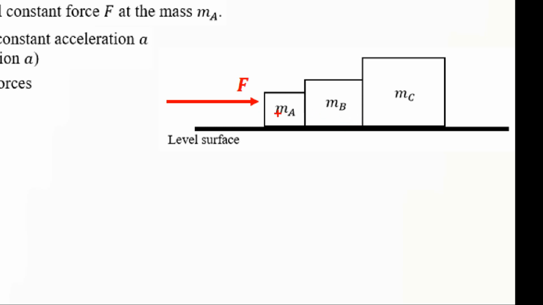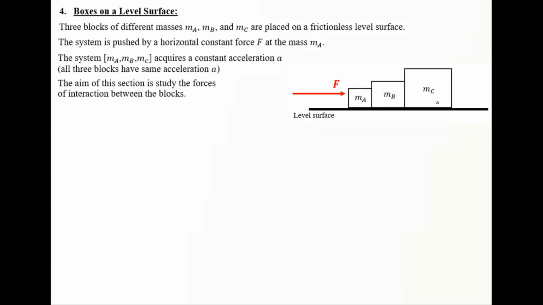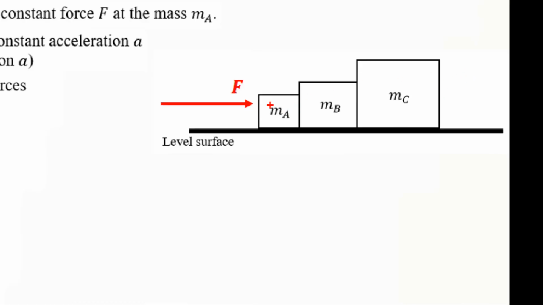Now here different systems can be considered at this level. We can consider MA as a system, we can consider MB as a system, and MC as a system, and MA, MB and MC combined. Now if you consider MA alone, what would be the forces acting on MA? We have the pull of gravity, we have the normal push, we have the force F pushing to the right, and we have the force of interaction between MA and MB, which is pushing toward the left.